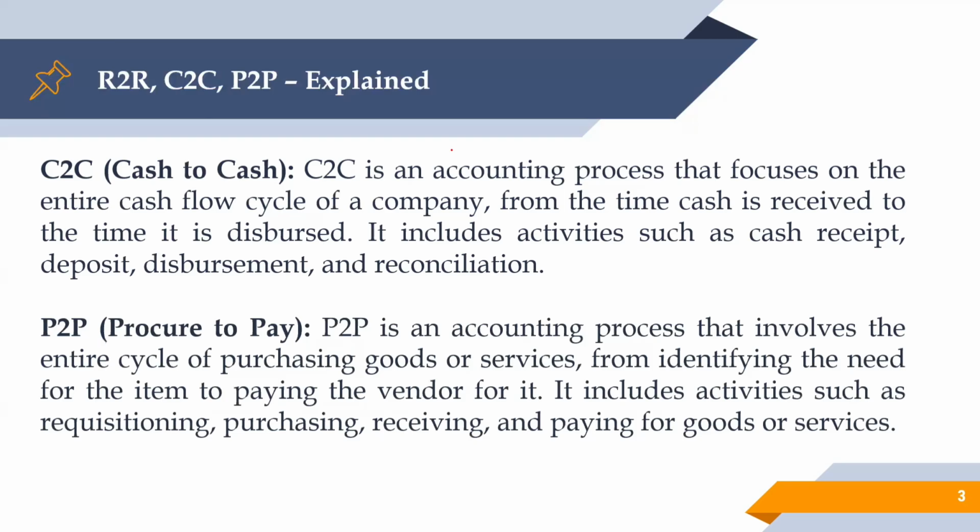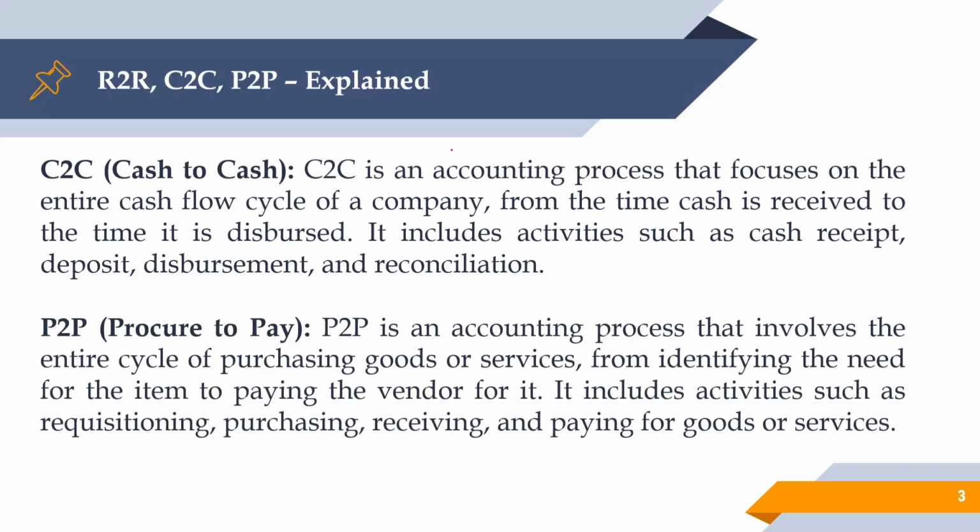Next is procure to pay, that's P2P. P2P is an accounting process that involves the entire cycle of purchasing goods or services, from identifying the need for the item to paying the vendor for it. It includes activities such as requisition, purchasing, receiving, and paying for goods or services.